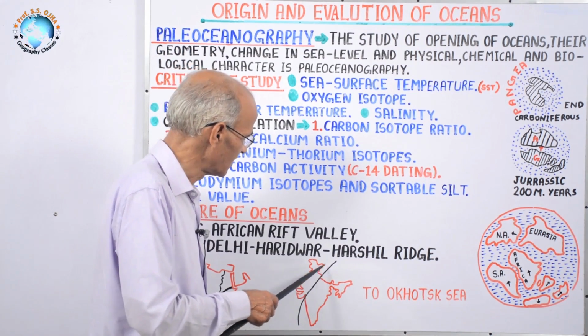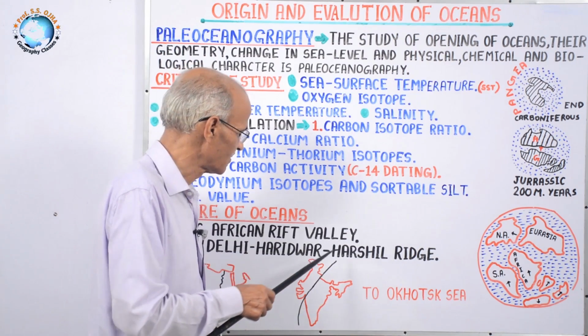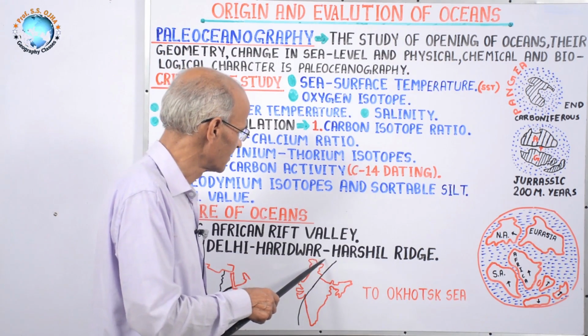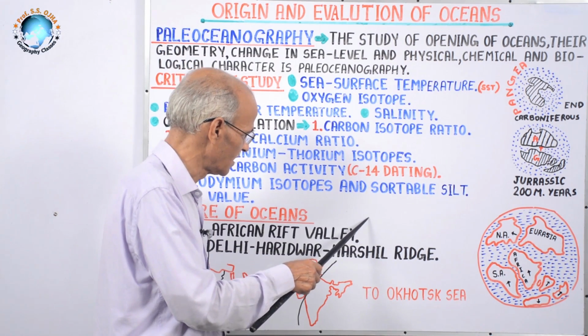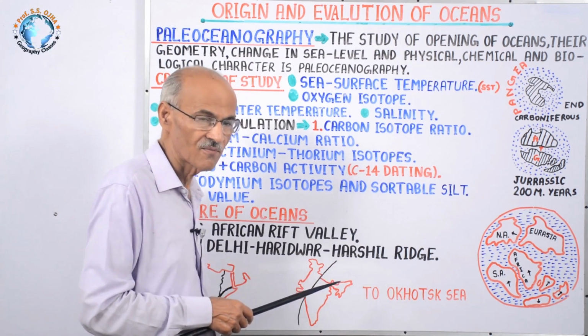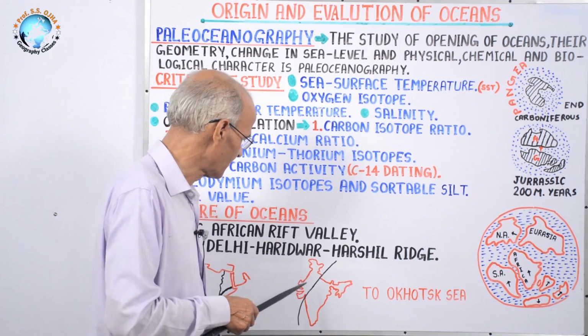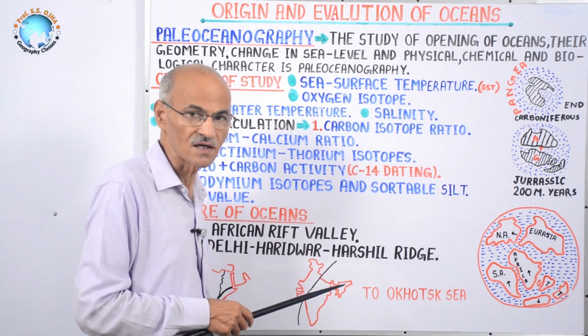Along this, if you see the map, there are a number of ranges like Tian Shan, Kunlun, Altai Tag, Yablonoi, Stanovoy and Khingan. So you will consult the map and draw a line from Gujarat to the Sea of Okhotsk.